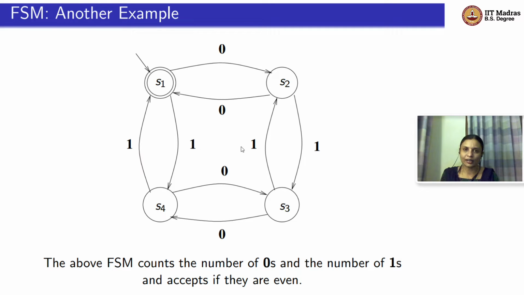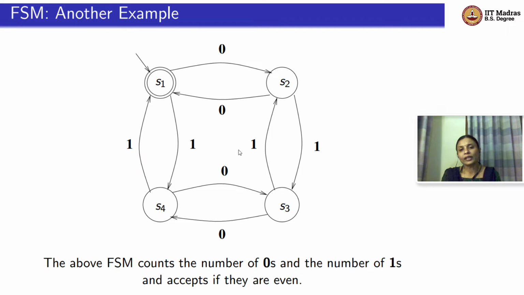Otherwise, it rejects it. When it accepts an input binary string, it will accept it by a path ending with the final state S1. If the path or the run of the finite state machine on an input binary string ends in other states like S2, S3, or S4, then you say the finite state machine rejects the string. It will do so because the string will have had either an odd number of zeros or an odd number of ones.